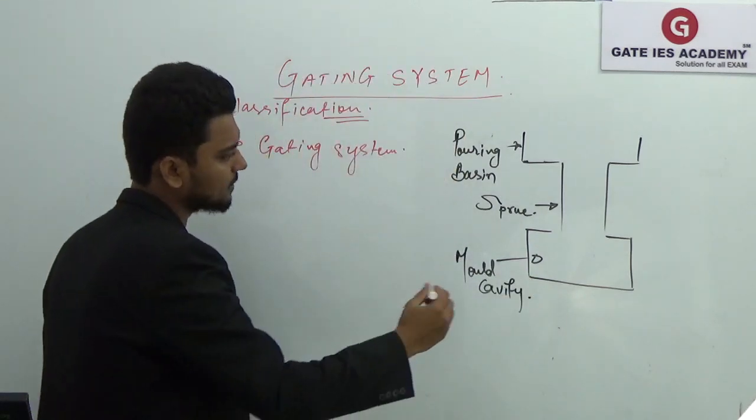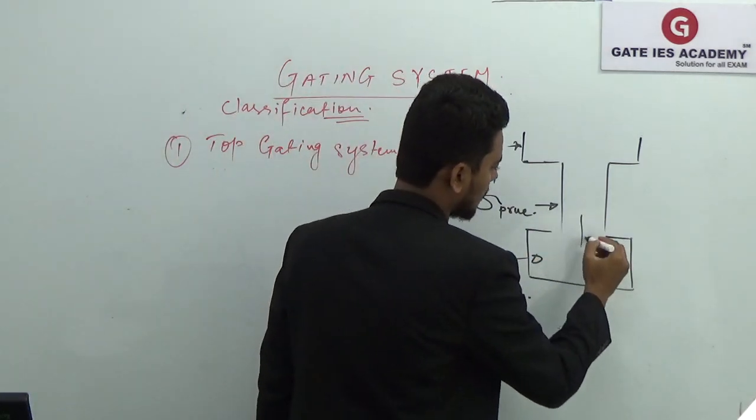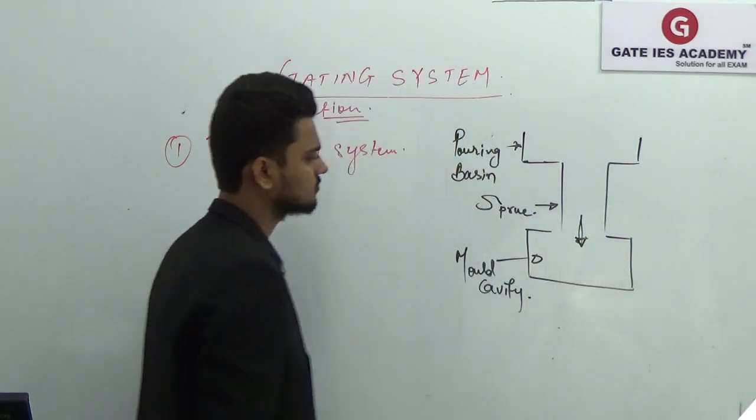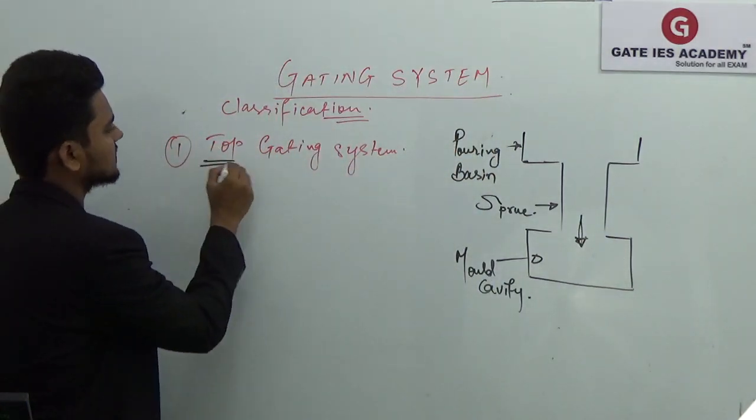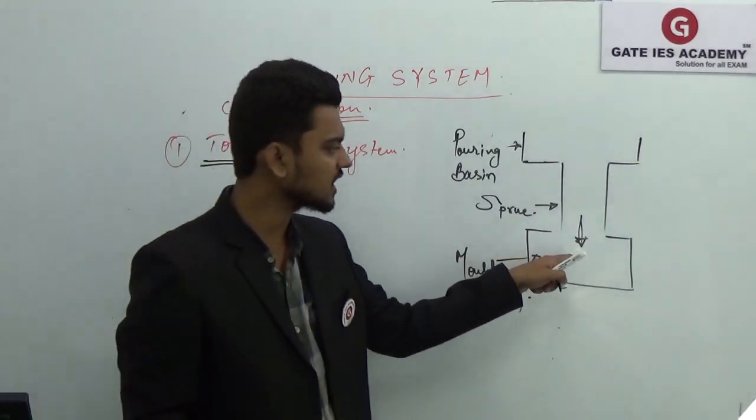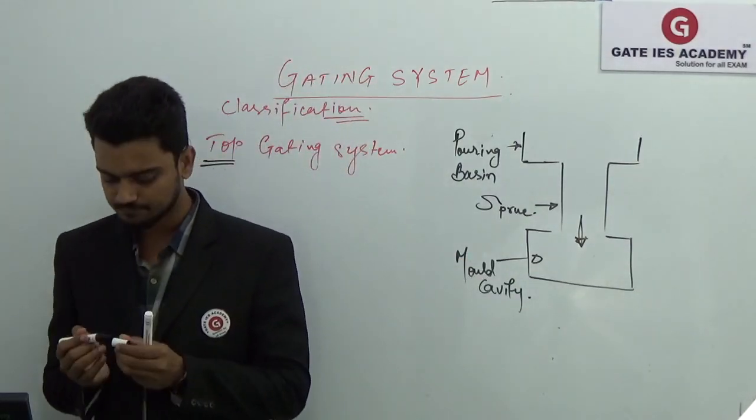So in this, the molten metal enters the cavity from the top. That is what the top gating system means: the molten metal enters into the cavity from the top.